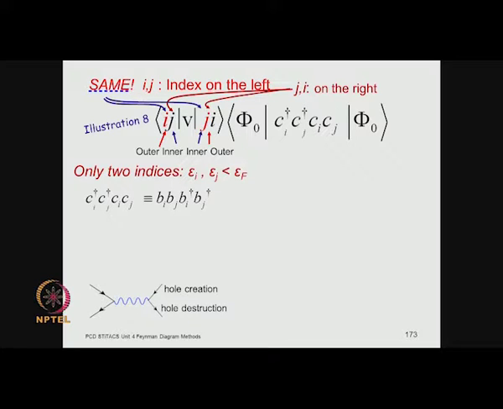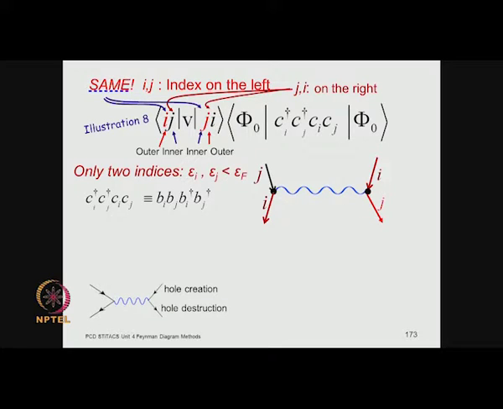So, again you have only the hole operators, which are the operators B, and you represent this using the same convention, and you get a diagram in which you have the creation of holes in the states j and i, and also the destruction of holes in the states j and i, but that is at the opposite vertex now.